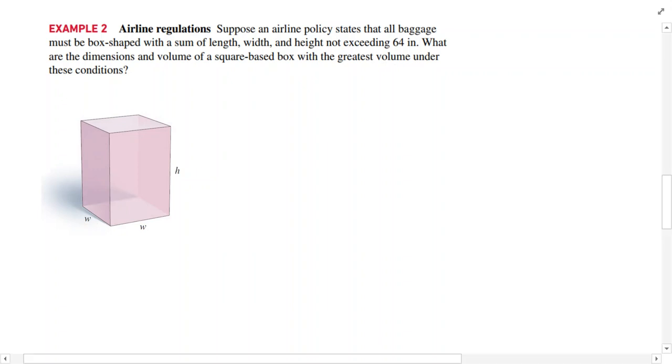So in that very last sentence, it said the greatest volume. So right away, we know that we are going to maximize volume. And volume for this figure over here, so we are given the image already.